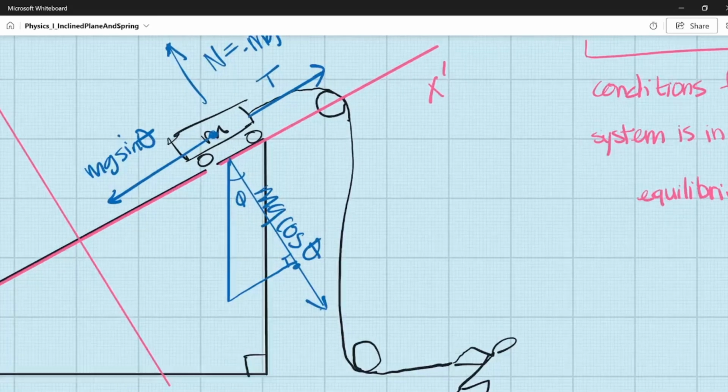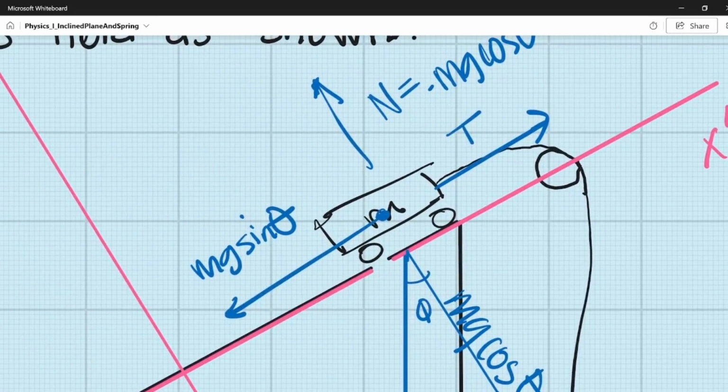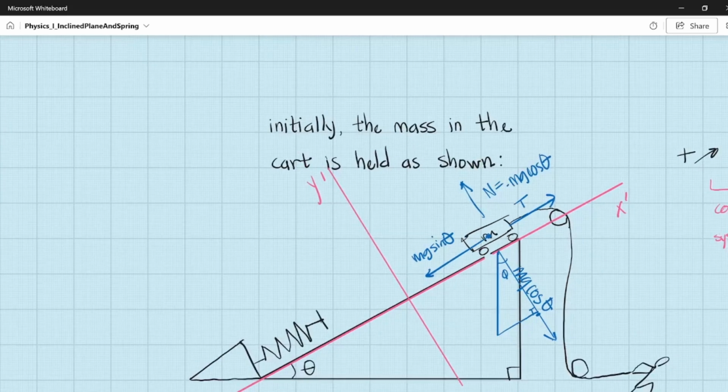So it looks like if I just look at this right here, we have this mg sine theta acting in the negative x prime direction, and there's no longer going to be this tension. Once he releases this and it goes down, the mass of the cart is just going to be resting here.